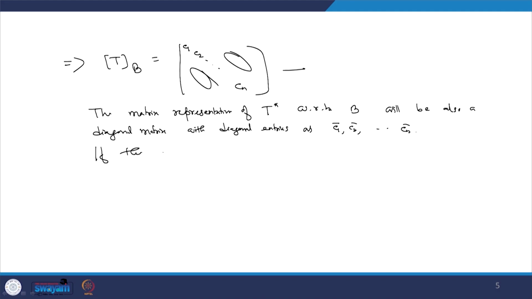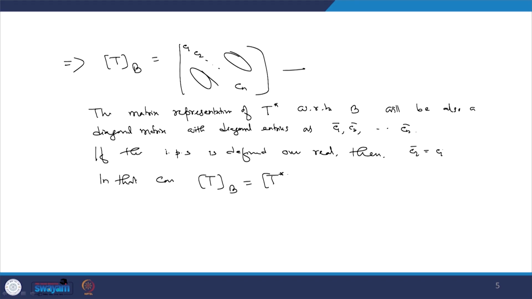If the inner product space is defined over the reals, c i bar equal to c i. So, in that case the matrix representation of T with respect to B will be equal to the matrix representation of T star with respect to B, and this implies that you will have T equal to T star.